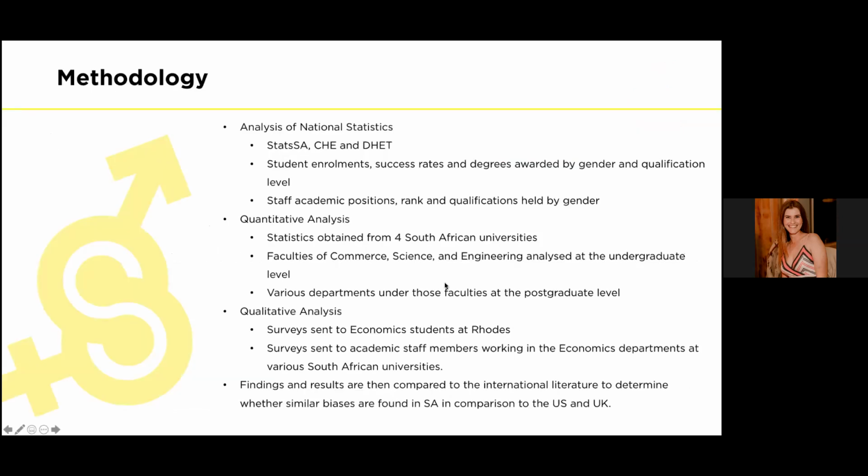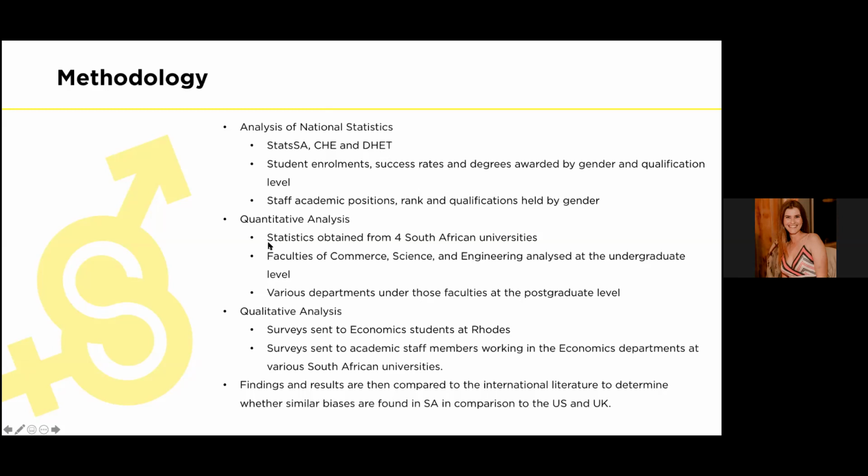So I got my national stats from government publications, Stats South Africa, CHE, that's the Council on Higher Education, and the Department of Higher Education and Training. It was student enrollment, success rates, degrees awarded by gender and qualification level, staff academic positions, rank and qualifications held.